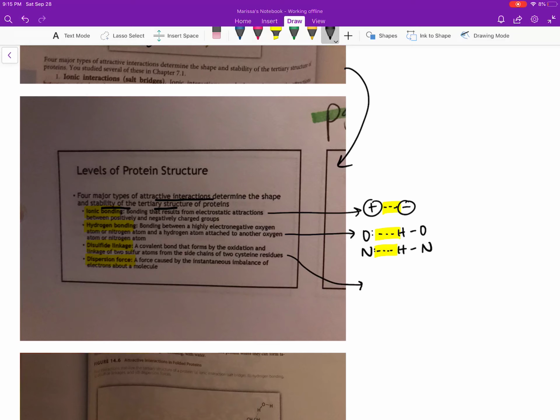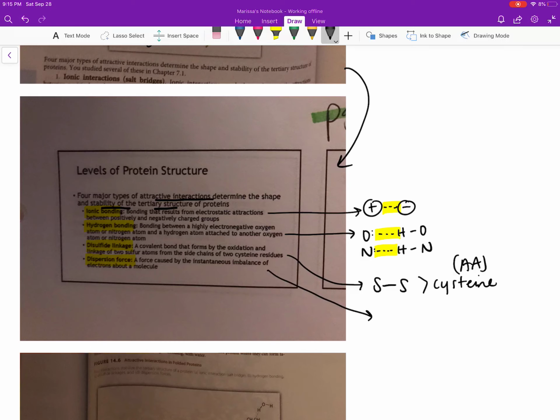Now the disulfide linkage is a covalent bond that forms by the oxidation and linkage of two sulfurs on two cysteine residues. So this is specific to cysteine, which is an amino acid. The last one is dispersion forces.